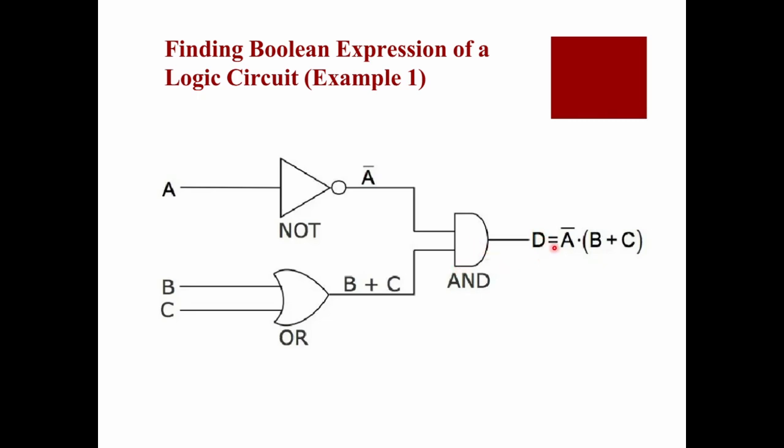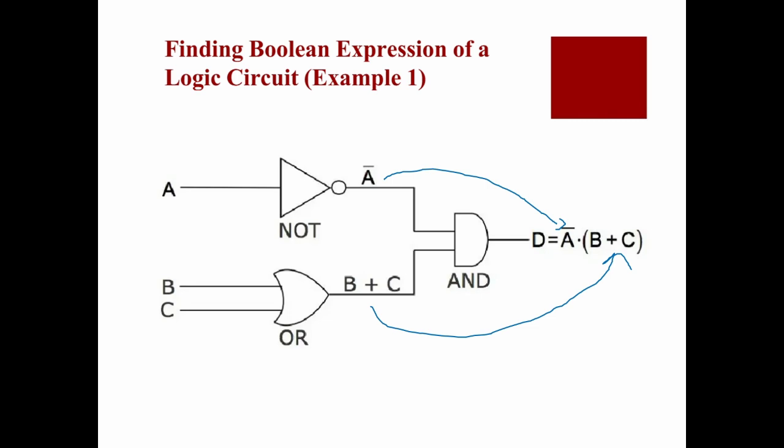So D equals not A dot open bracket B plus C. A is this, B is this. This one, B plus C, comes from this.